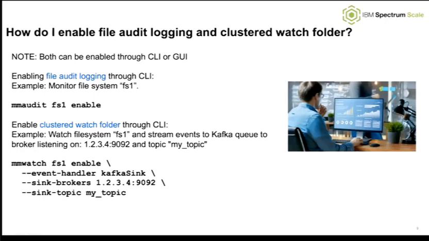Given the device that you want to have the watch enabled upon, state that we're going to use the Kafka sink. We have that required because in the future we may have some other things where you can send records. In addition, you have to specify the broker or brokers and the topic. As you can see, it's pretty simple to enable both file audit logging and clustered watch folder.